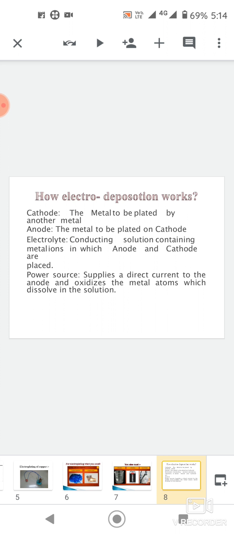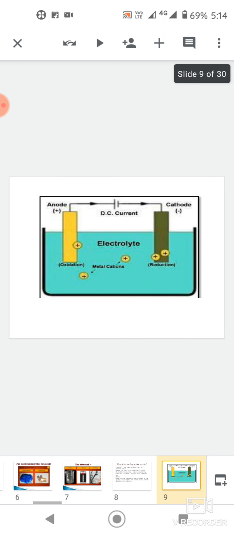The power source supplies DC, meaning direct current, to the anode, and it oxidizes. The metal atoms dissolve in the solution.